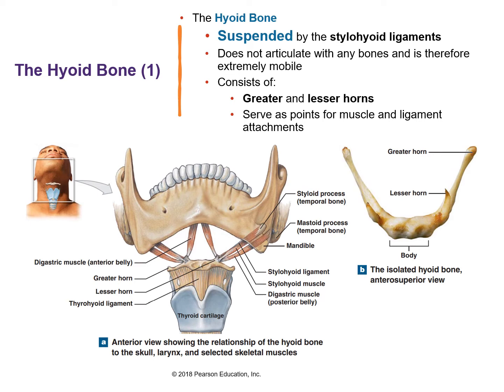It's going to be suspended by the stylohyoid ligaments. Okay, and again, even in its mobility, extremely mobile, right, it serves as points for muscle and ligament attachments. So it's kind of just floating there, basically.